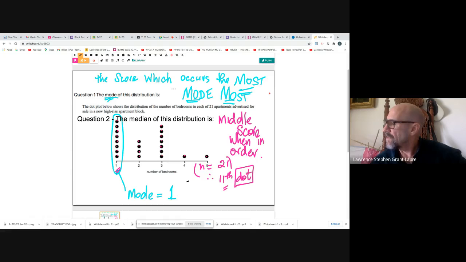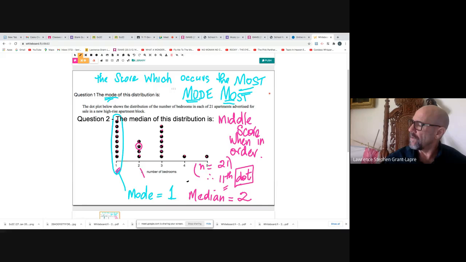So 1, 2, 3, 4, 5, 6, 7, 8, 9, 10. It's this one here. Okay, the 11th. So the median score is a 2, right? The median is a 2, the one in the middle.